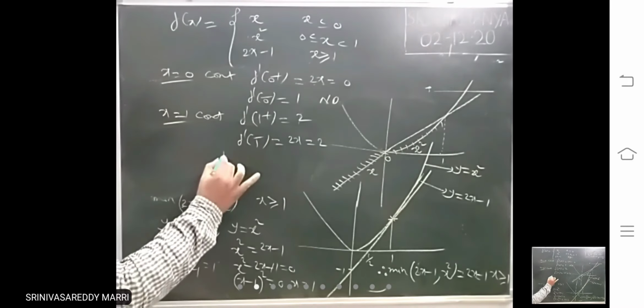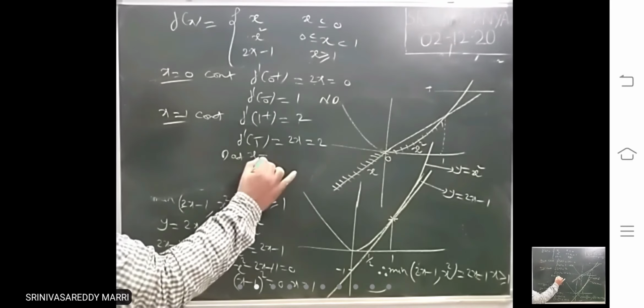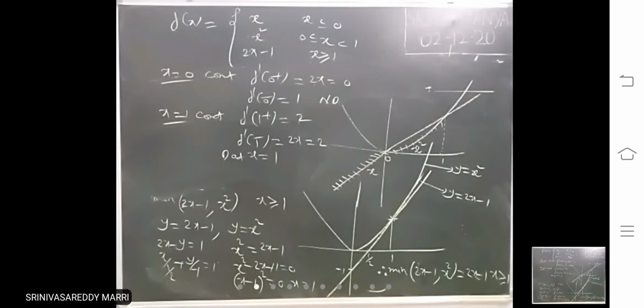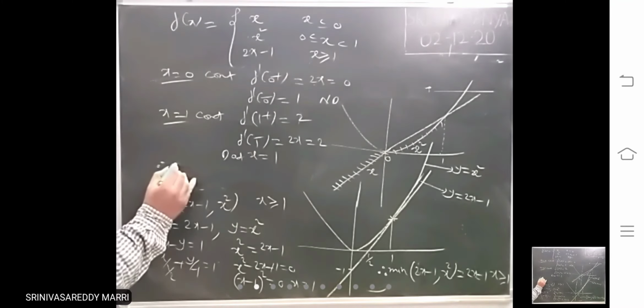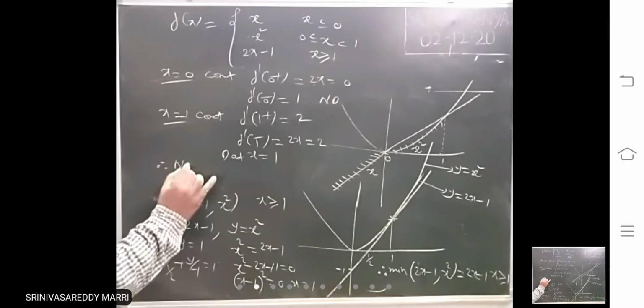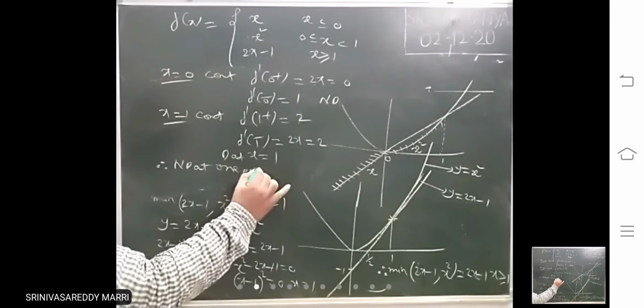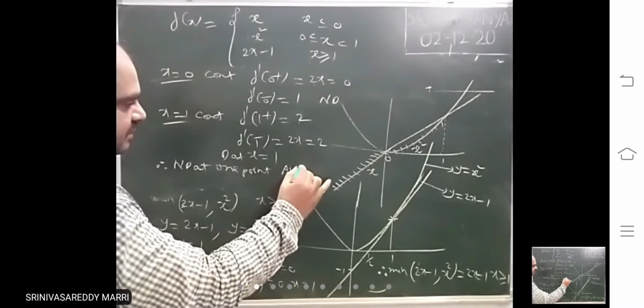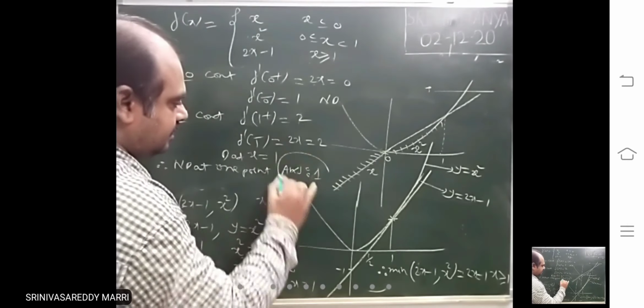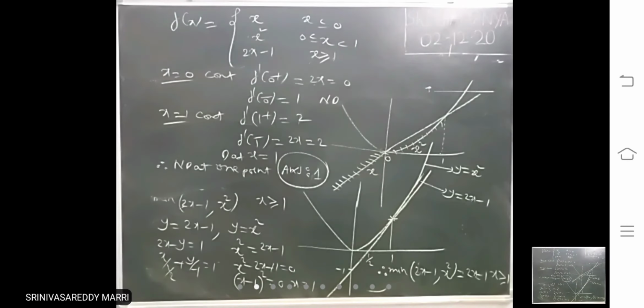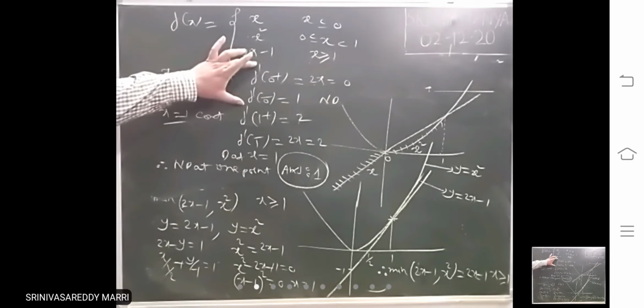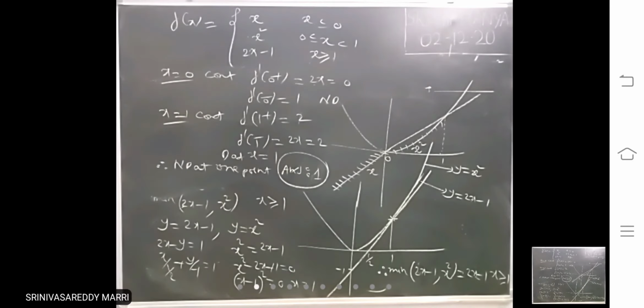They are equal, so it is differentiable at x equal to 1. Therefore it is not differentiable at one point. So the answer is 1. At x equal to 0 it will not be differentiable.